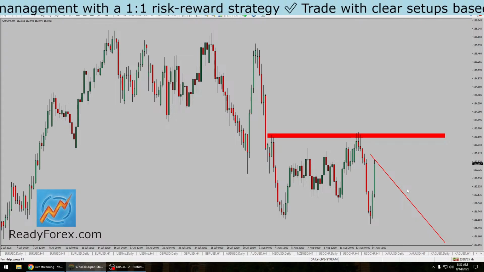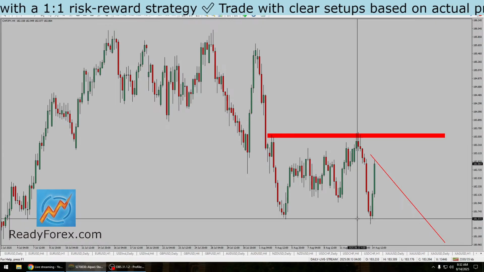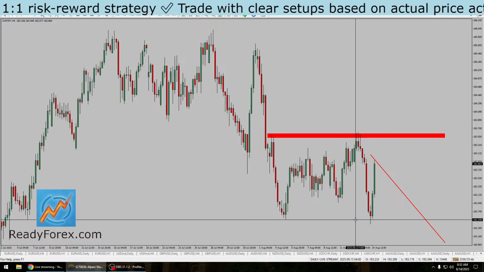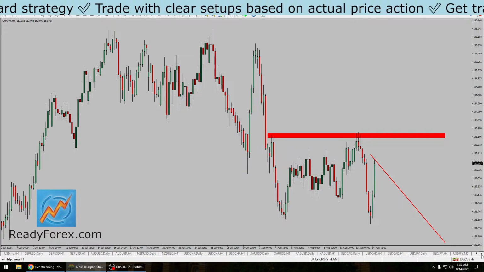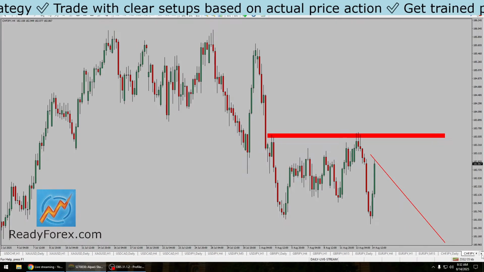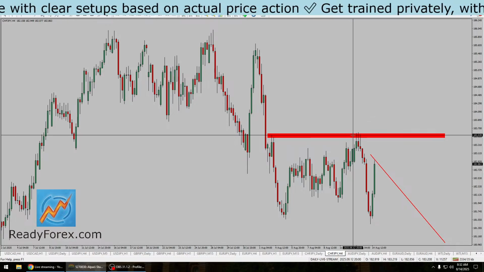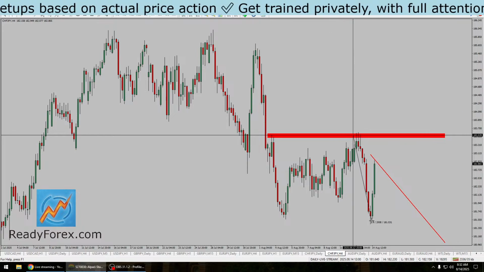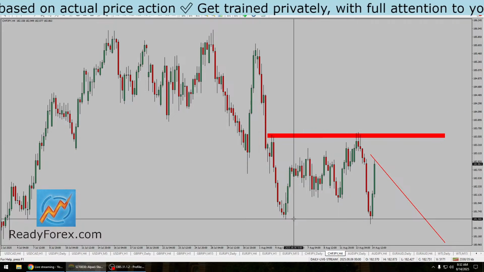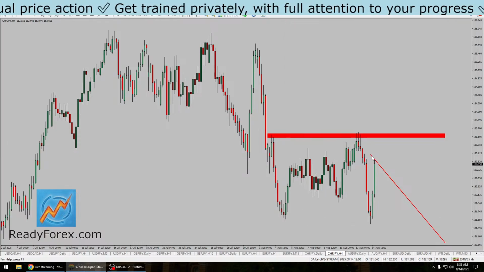Swiss franc is probably going to waste some time. I would prefer not to touch this pair until I see a new high, a new bullish break, because this was the sell zone area which really pushed the market back down, but disregard the false breakdown over here and then it got back up.